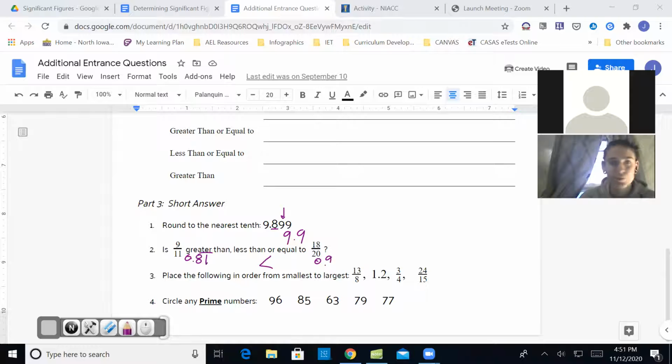Next up, we want to place these numbers in order from smallest to largest. Same strategy, I'm going to turn these fractions into decimals. It's going to be easier to compare, so 13 divided by 8 is 1.625, 3/4 is 0.75, and 24/15 is 1.6.